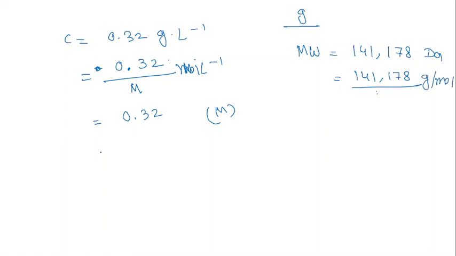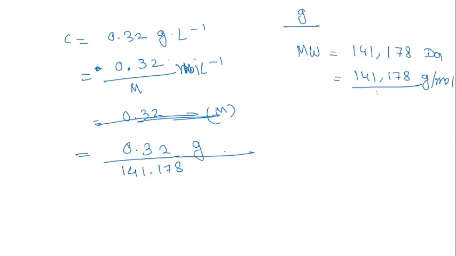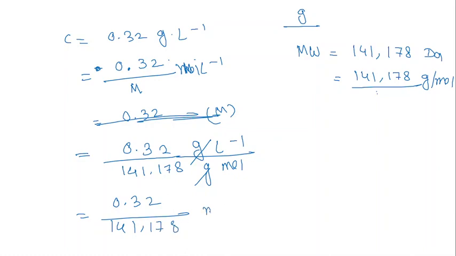Okay, I should write the unit here, otherwise it is confusing. 0.32 divided by 141,178. This is gram per liter, and this one will be gram per mole.